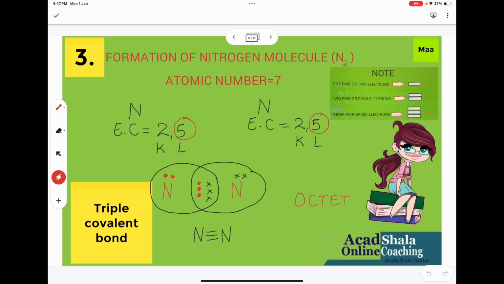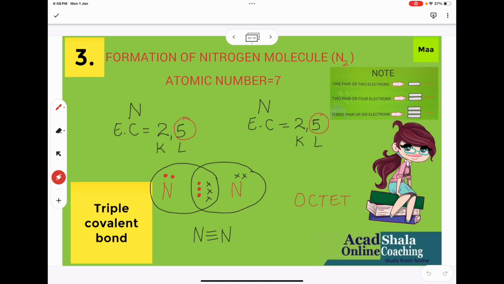Stable gas configuration, the nearest noble gas configuration, that is, to complete its octet. It may complete its octet by sharing 3 electrons with another nitrogen atom, forming a triple bond. So the formation of the nitrogen molecule is shown over here, children.